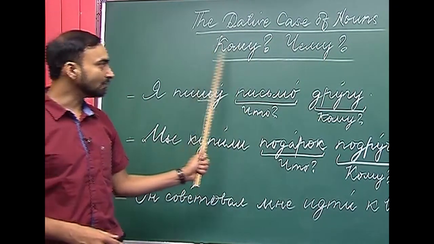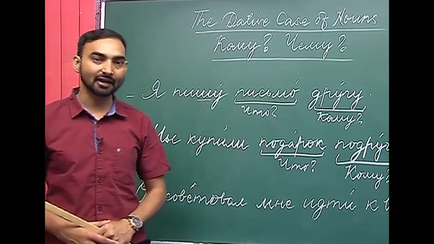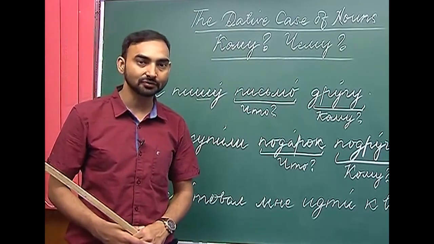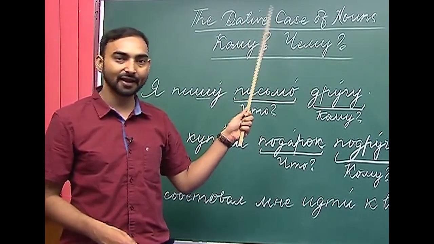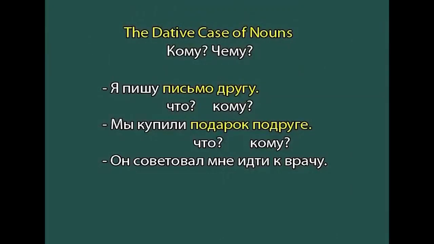So, kamu and chimu. Kamu represents the animate nouns and chimu inanimate nouns. So, if the question is kamu, then the answer would be animate nouns in the dative case, and if the question is chimu, the answer would be inanimate nouns in the dative case.